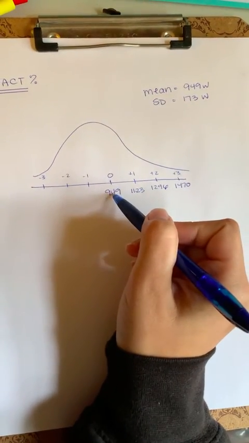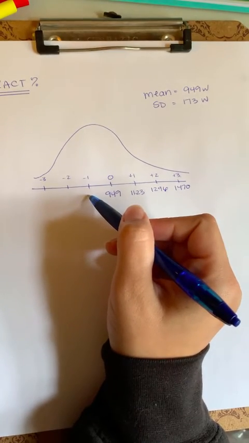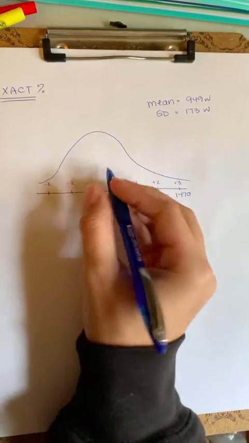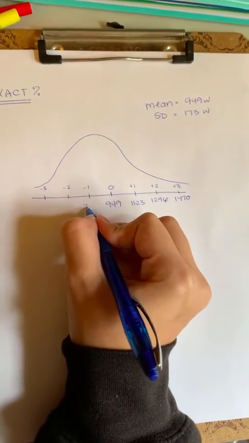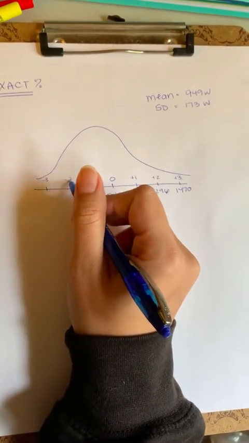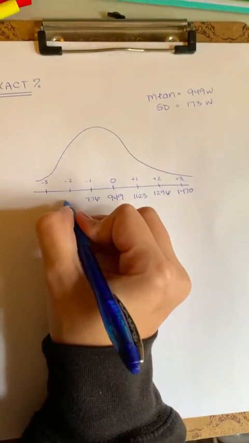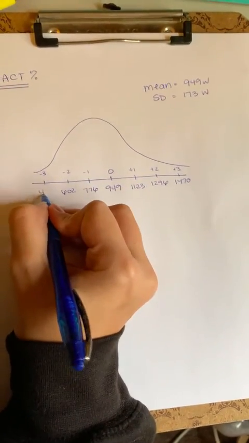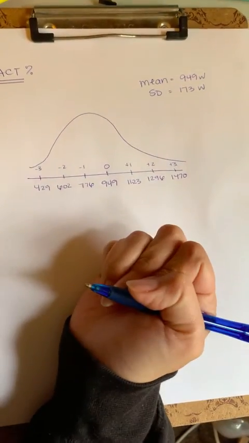If we go in the opposite direction, we say I want to go minus 1 standard deviation, so I subtract 173. That would be about 776. Minus 173 again to get 2 standard deviations away, that would be about 602. Minus 1 more time, and we're at about 429.